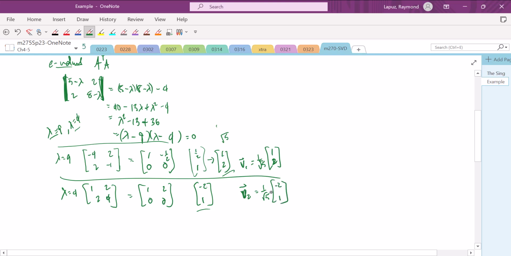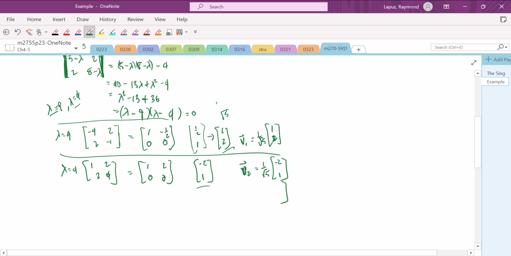So I think we can confidently say that our matrix V is going to be made up of these two vectors. So let's see, 1 over root 5, 2 over root 5, and here it's -2 over root 5, and 1 over root 5. All right, so we got V.